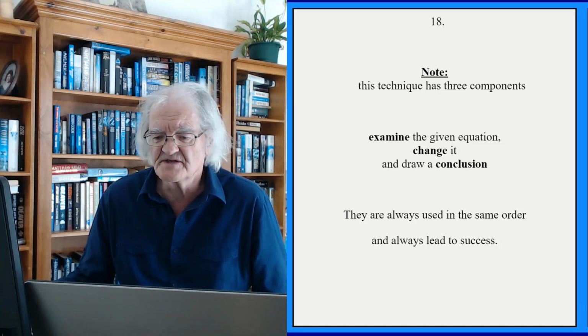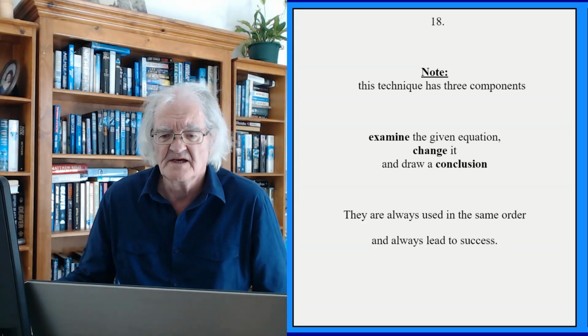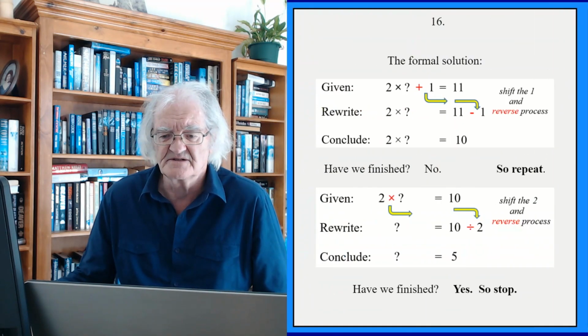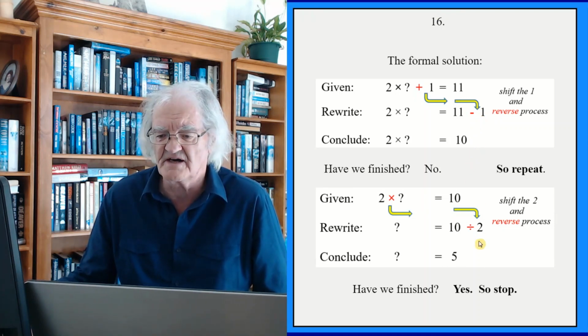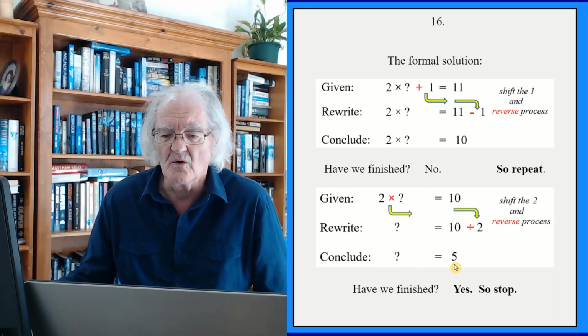They are always used in the same order, and they always lead to success. Examine the given equation, change it, draw a conclusion. And keep that process recycling until you get to the simplest possible statement. And that is what we call a solution or an answer.